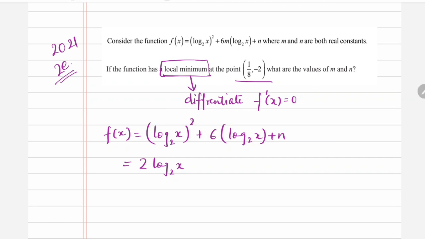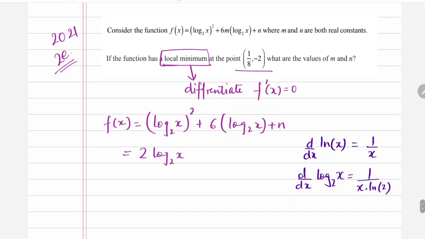Now from our knowledge, we know that when we differentiate ln of x, we get 1 over x. When we differentiate a log with a different base instead of base e, we do 1 over x, but then we divide it by ln of the base as well.